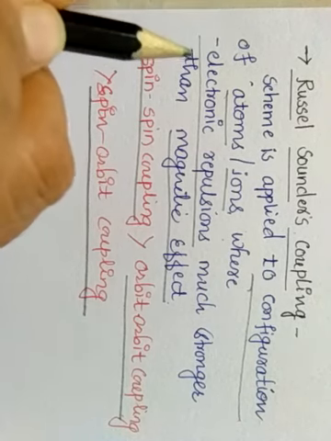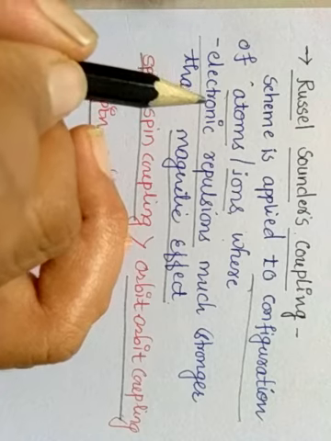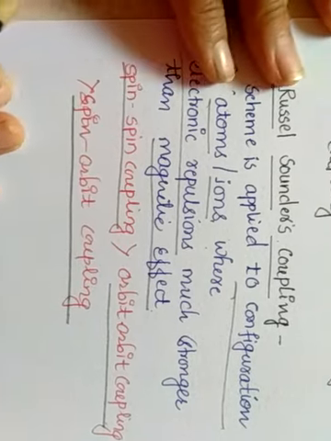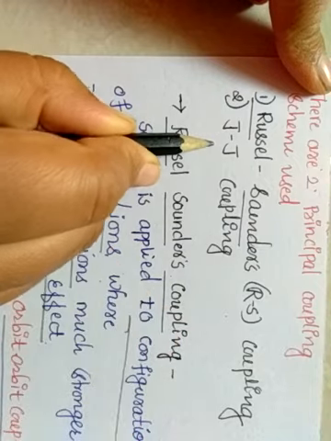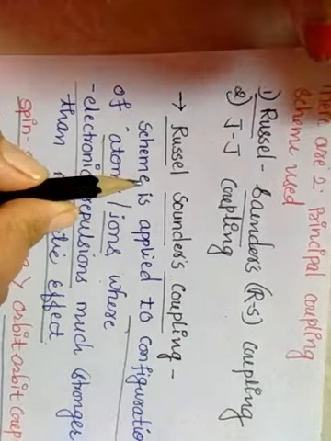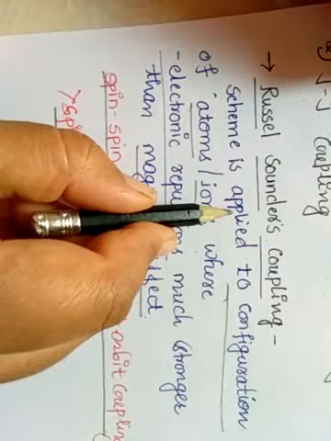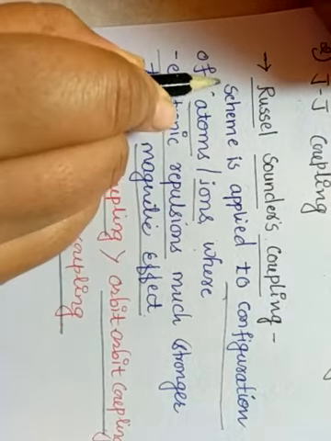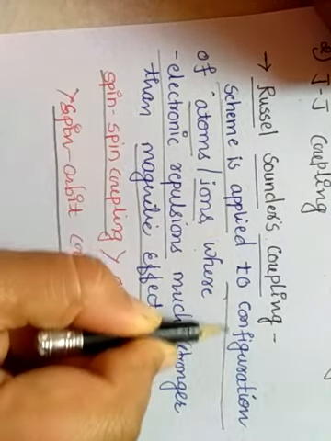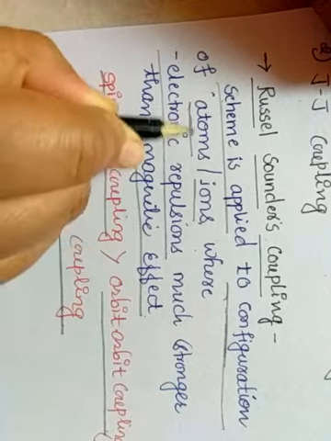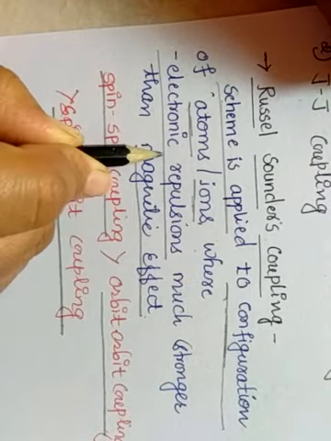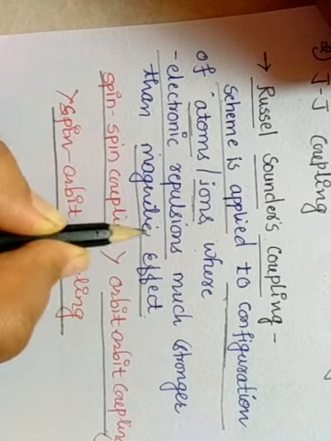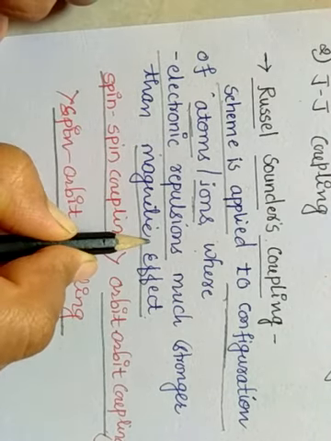Getting my point? There are mainly 2 principal coupling schemes. The first is RS, another one is JJ, and the RS coupling is mainly applied to the configuration of atoms and ions where electronic repulsion is much stronger than the magnetic effect.